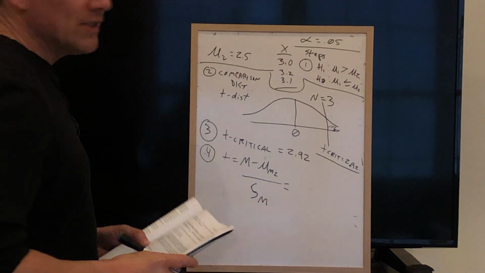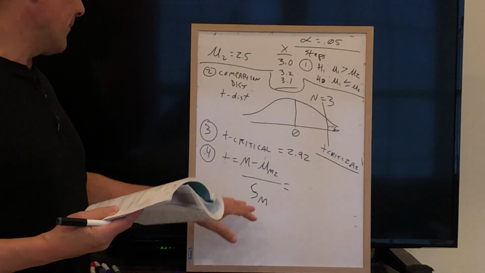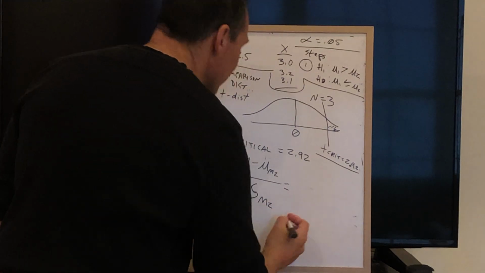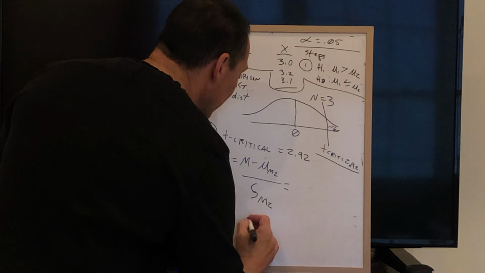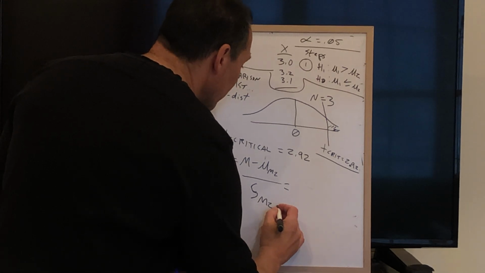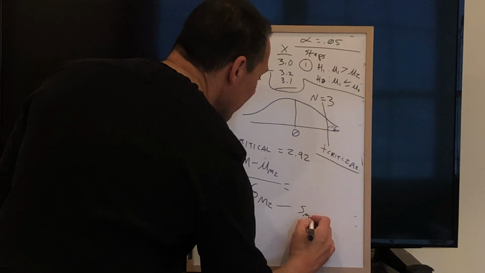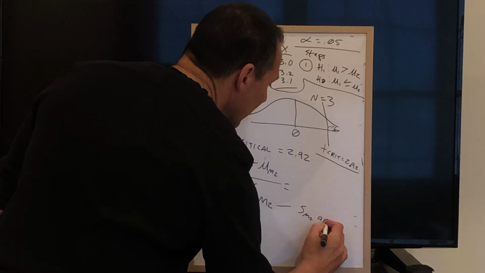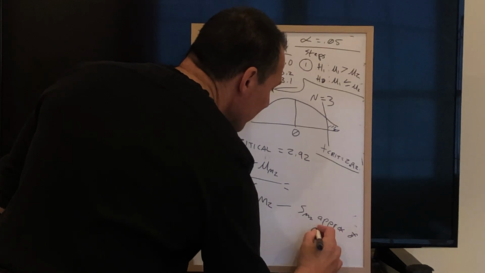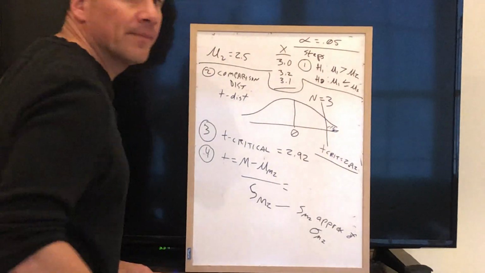Okay, we've seen all this stuff before except for s sub m. S sub m, or we might want to call it s sub m sub 2, it doesn't really matter, but it is an approximation. S sub m sub 2 is an approximation of sigma sub m sub 2.